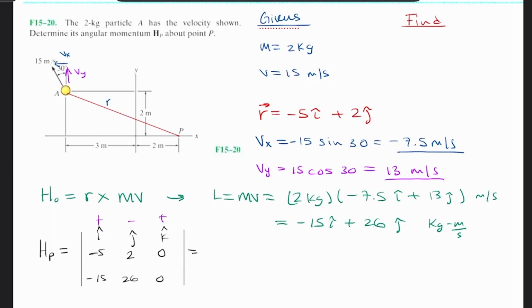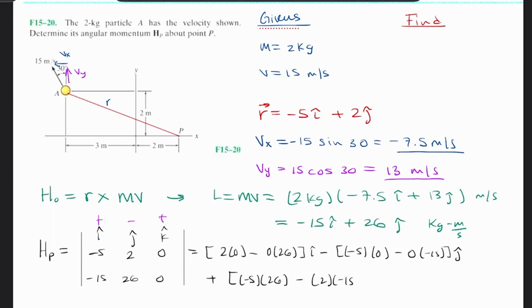Doing the cross product right here, starting in the i direction, this will be 2 times 0 minus 0 times 26 in the i direction, minus negative 5 times 0 minus 0 times negative 15 in the j direction, plus in the k direction negative 5 times 26 minus 2 times negative 15.